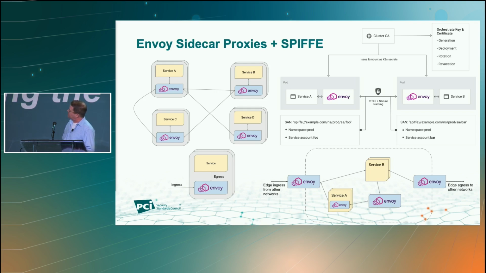Now, in microservices architecture, these workload identities are issued to what are called Envoy proxies. These Envoy proxies are referred to as sidecar proxies in that they are running alongside each microservice.